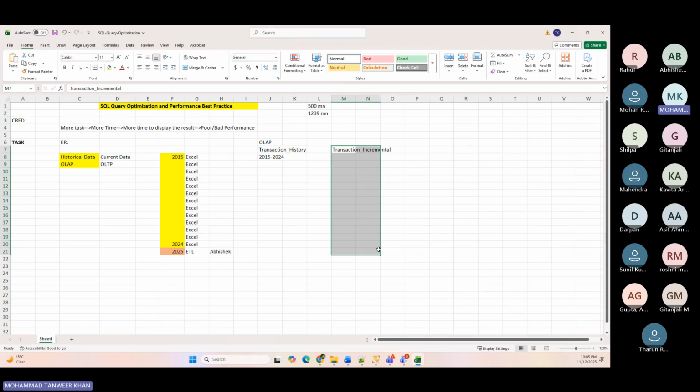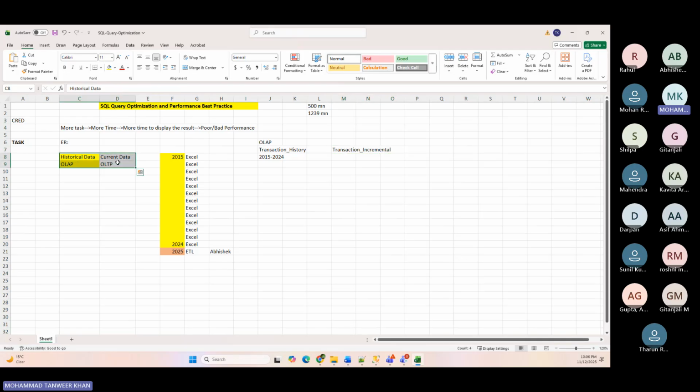Now, the client will ask me, okay, I want the reports for 2025 only. Then the business intelligence team, that is the reporting team, will connect their Power BI to this transaction underscore incremental table only. That is what I told you here.